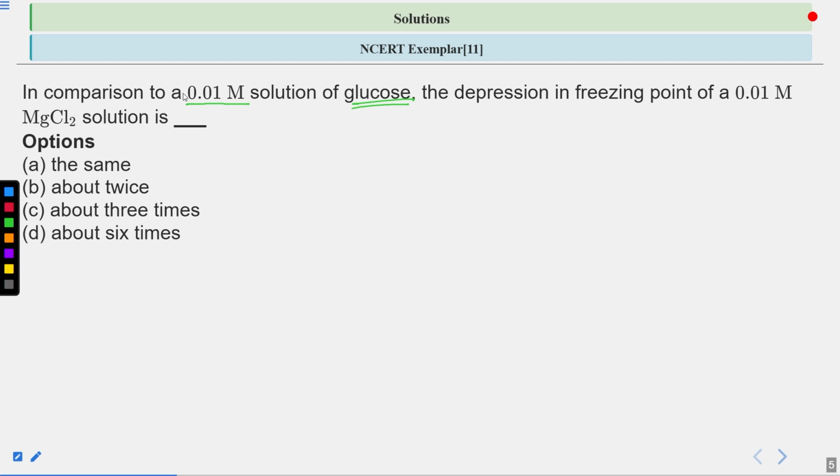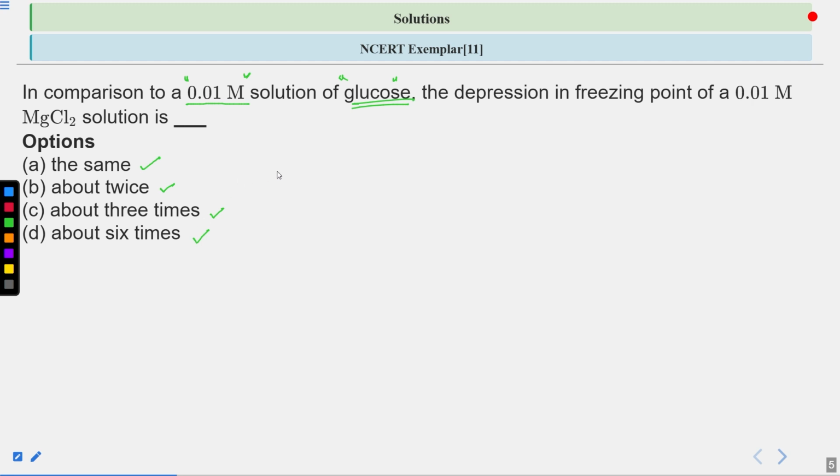So basically you have to find out the depression in freezing point for a 0.01 molar MgCl2 solution when you compare it with the 0.01 molar solution of glucose. What will be the comparison? How much will it be increased or decreased, that you have to tell. And the options are the same, about twice, about 3 times, or about 6 times.